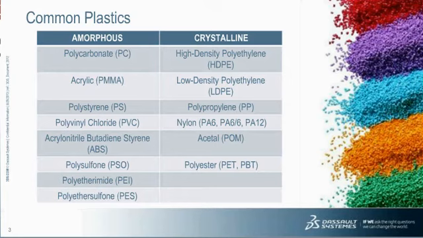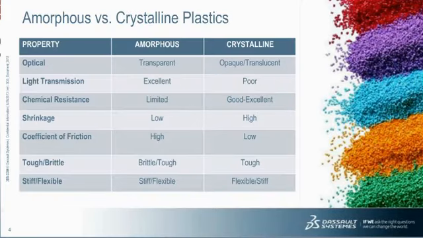The reason why it's important to understand that there are these two basic groups of plastics is that there are very different properties between both of these two groups, and these are the kinds of things that you have to take into account when you're designing or manufacturing an injection mold.